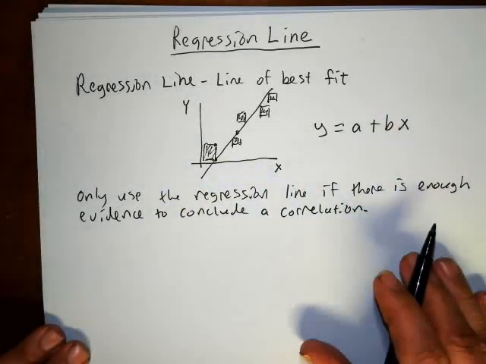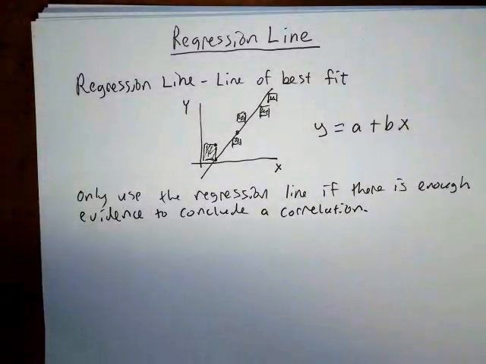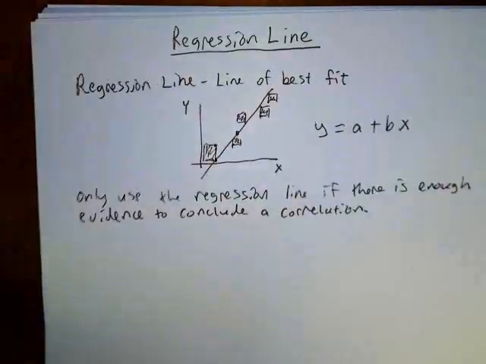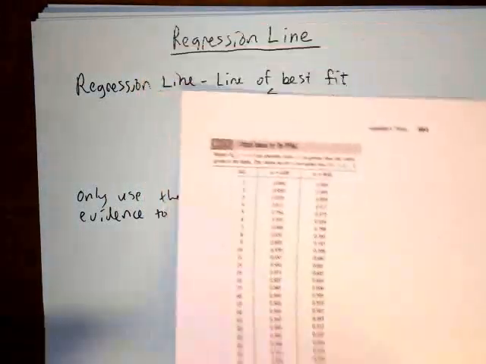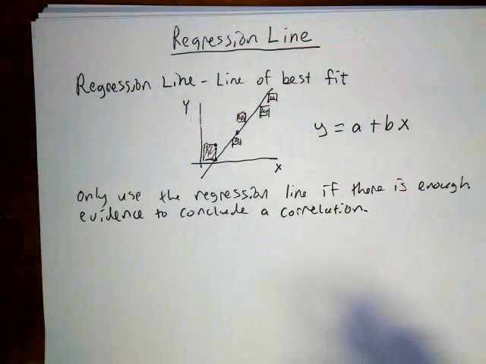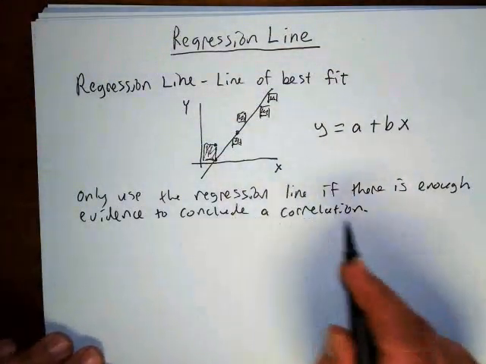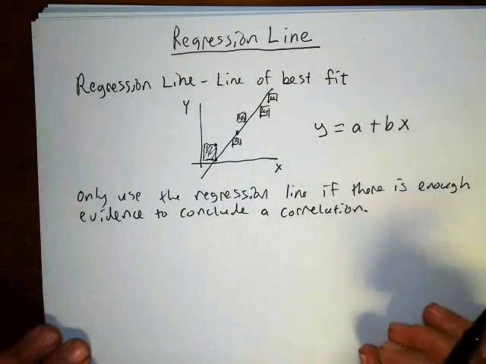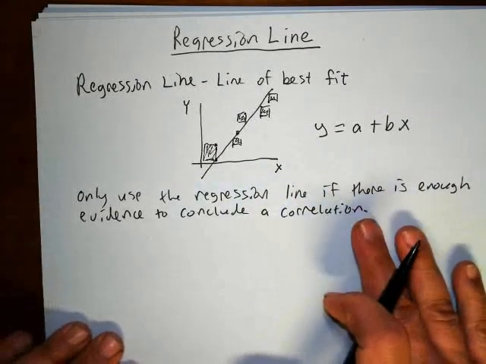We learned the hypothesis test, if you remember, and it used this table here. These were critical R values, and the R value for our sample had to be strong enough in order to conclude a correlation in the entire population. You're going to want to be able to conclude a correlation.